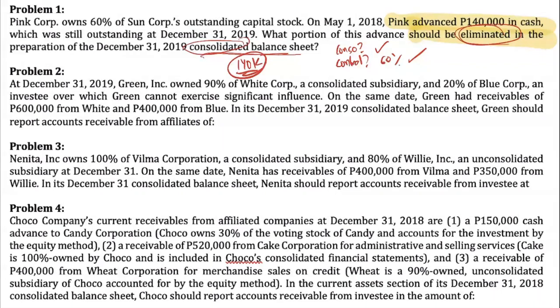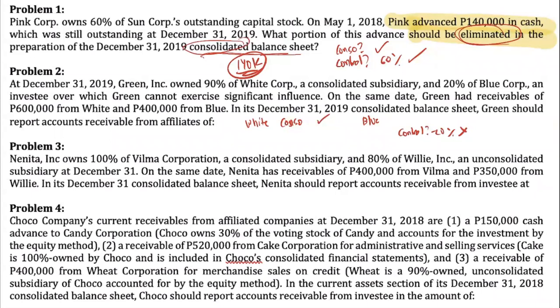Problem 2. December, Green Incorporated owned 90% of White, a consolidated subsidiary. So si White, conso, yes. Okay. And 20% of Blue. So, control, 20% lang si Blue. So, wala yan.